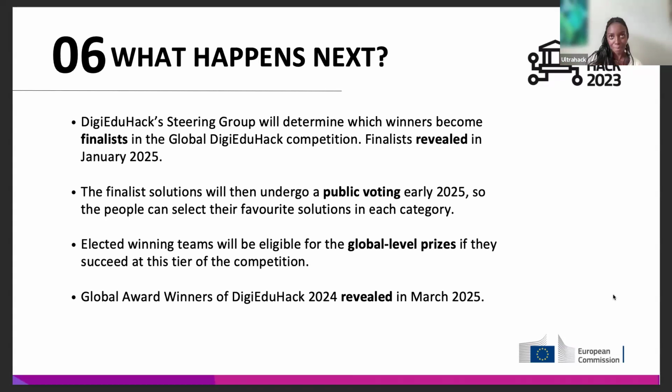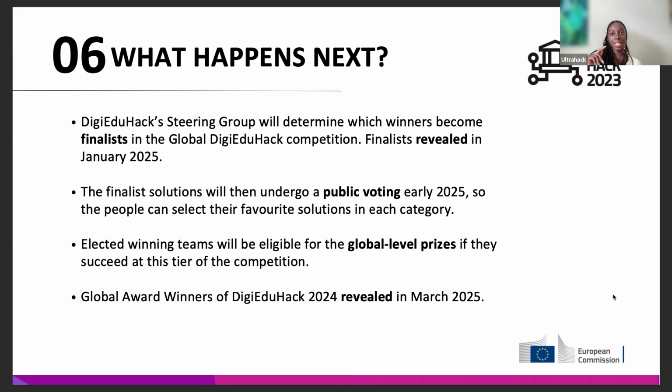After this, what happens? The DigiEduHack steering group will determine which winners become the finalists of the Global DigiEduHack competition. The finalists will be revealed in early January 2025. The finalist solutions will then undergo a public vote during this time, so people can select their favorite solutions in each category.